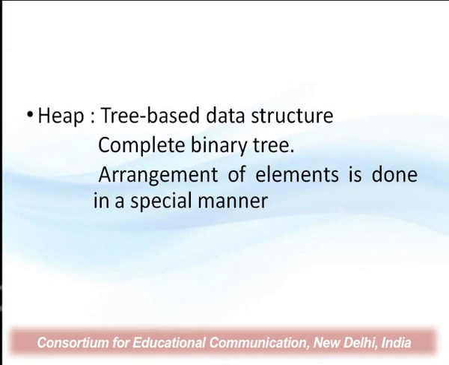So we have to go in the sequence of top to down and in a particular level left to right. And in this complete binary tree, arrangement of elements is done in a very special manner depending upon what kind of heap it is, if it is a min heap or if it is a max heap.